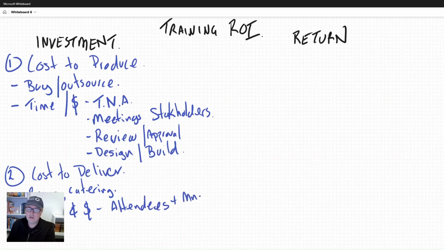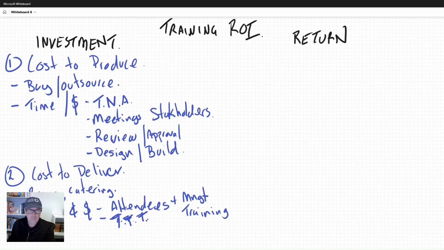Possibly a separate session for management, leadership training. That's often a separate session. And then, depending on the situation, there may be an investment in time into a trainer, so a way of increasing the skill of a local team or a different branch to continue this delivery in the future.